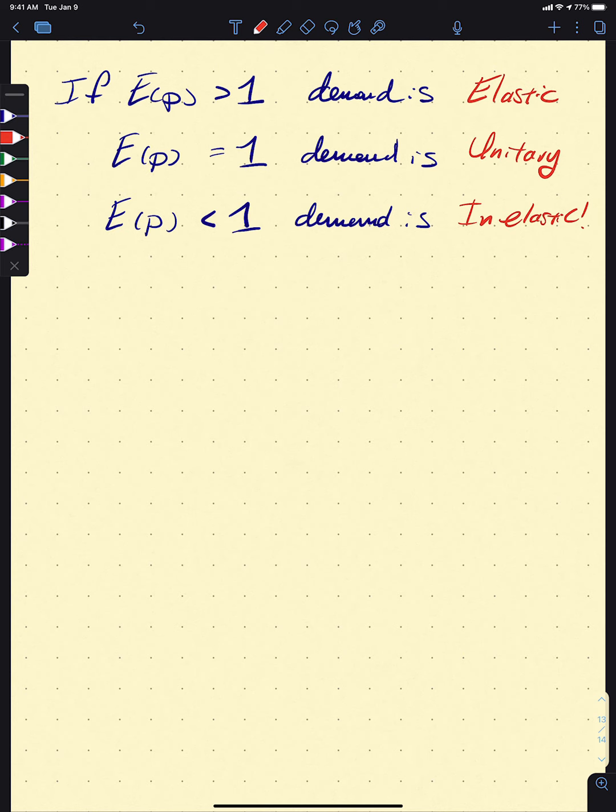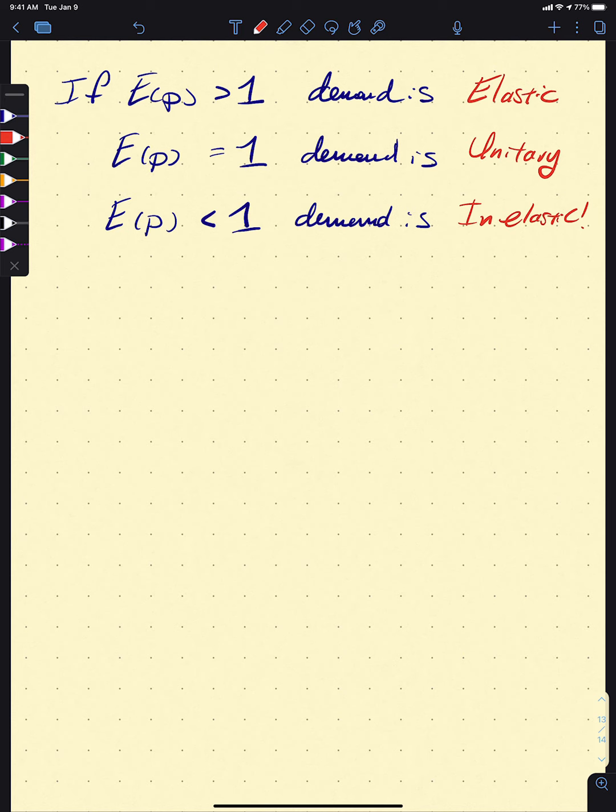When demand is inelastic, the opposite is true: a small percentage change in the unit price will cause a small percentage change in the quantity demanded. However, if we're unitary and we change the price by a fixed percent, then our demand is going to change by that exact same percent, because E of P equals 1.